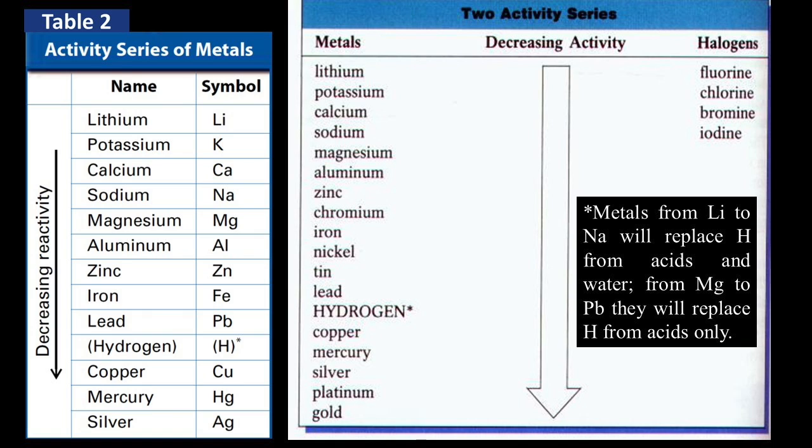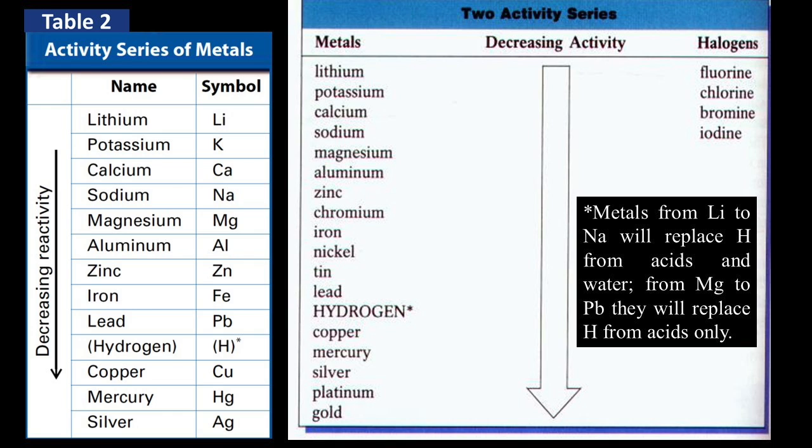And then they all, from lithium down to lead, replace the hydrogen in an acid. So that's a caveat that you've got to be aware of. The table on the left, table 2, is from your book, and the table on the right is from the internet. It's a little bit more complete.